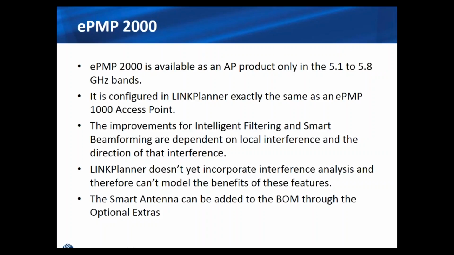It is likely that in a noisy environment, the ePMP 2000 will see a lower noise level than the ePMP 1000. This can be modeled in LINKPlanner by reducing the interference at the AP compared with the ePMP 1000. If the interference is coming from a specific direction, then SMs in other directions should see a significant improvement.